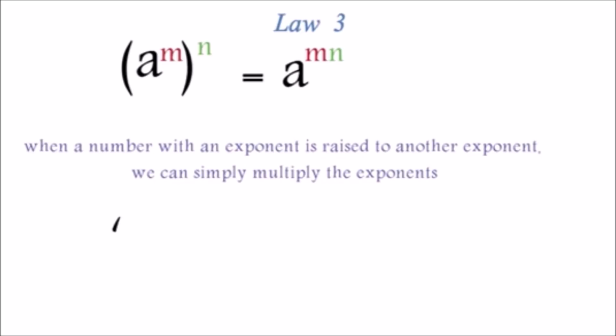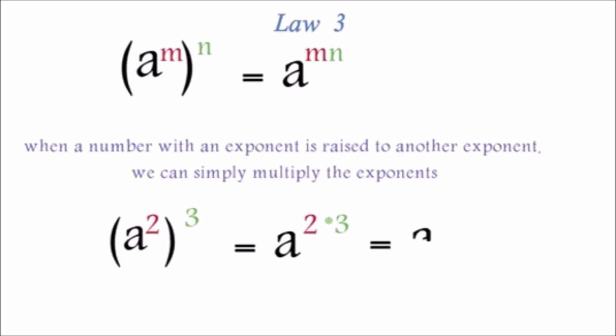Example: in parentheses a squared all cubed equals a exponent 2 times 3. This is equal to a exponent 6. Notice how we just multiplied the 2 and 3.